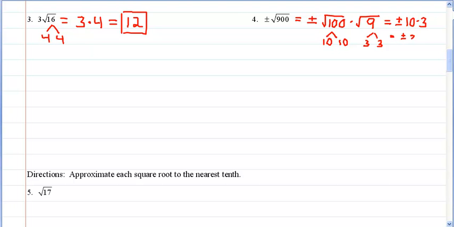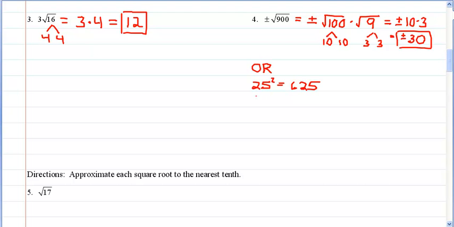And that plus or minus just means that your answer could be a positive 30 or it could be a negative 30. Now this is not the only way we could have done this problem. The other way is the list above only goes up to 25 squared. And 25 squared is 625.